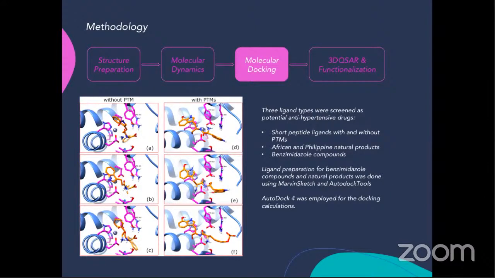So for this figure po, the blue ribbons represent the proteins, the purple sticks represent the residues in the active site, and the orange stick naman po represents the potential anti-hypertensive drug. And in molecular docking, we determine the best possible docking pose and the best binding energy docking result.